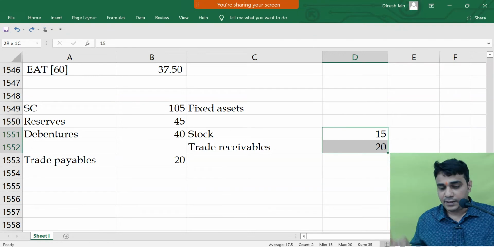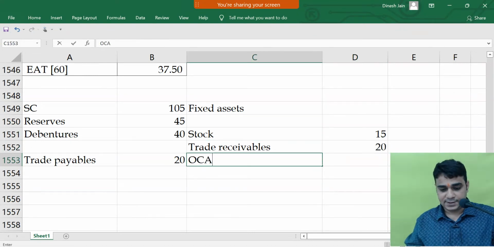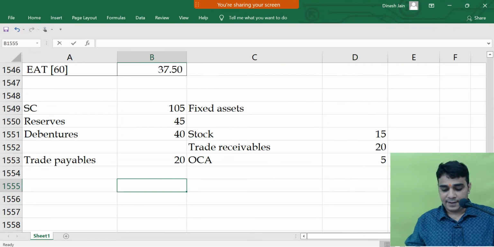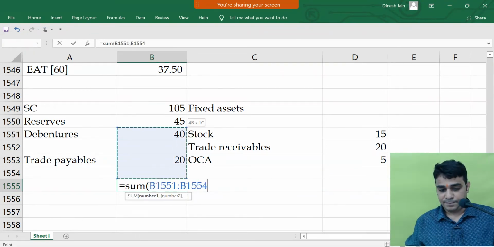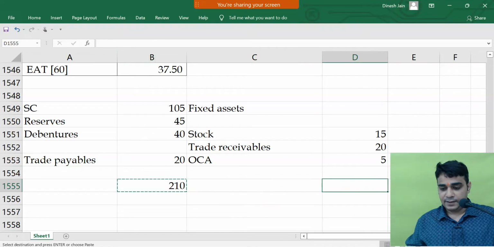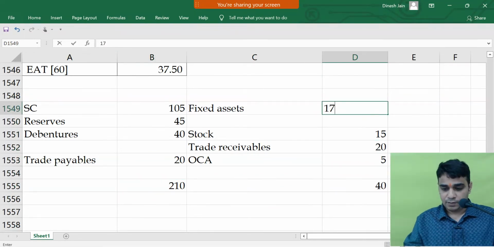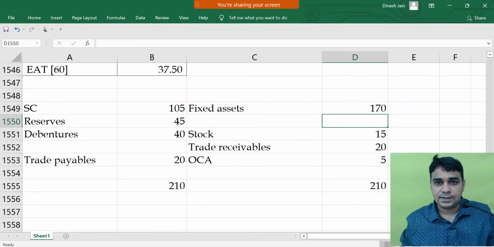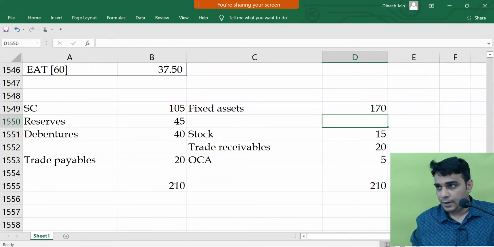So other current asset 5 lakhs, and then I have a balancing figure which is fixed asset, which is 170. Any doubts on this?